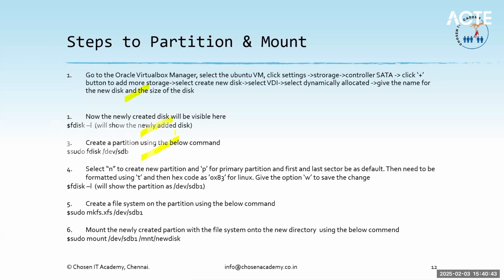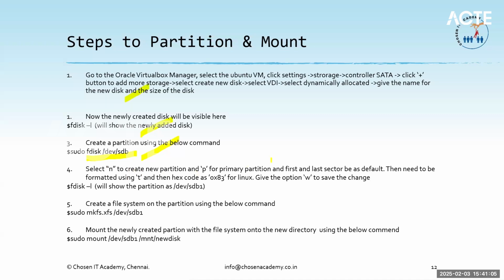The command to create the partition is fdisk followed by the name of the disk. If the name of the newly added disk is /dev/sdb, we give the disk name here. fdisk is a utility, and it will ask for multiple options. We first create a new partition.